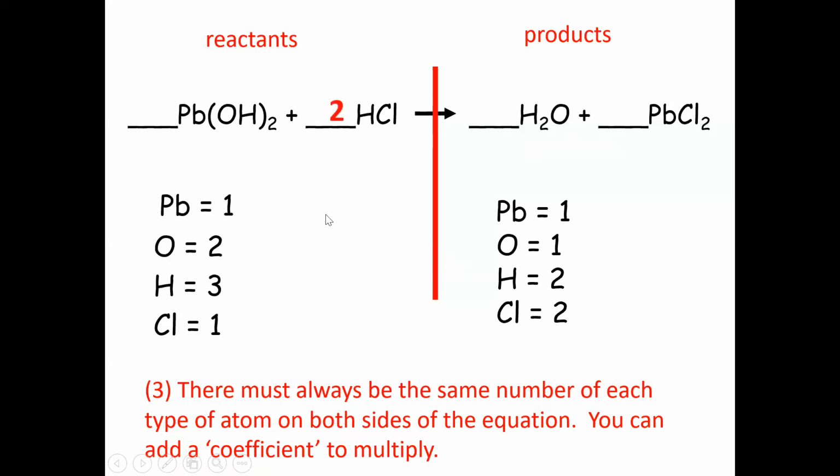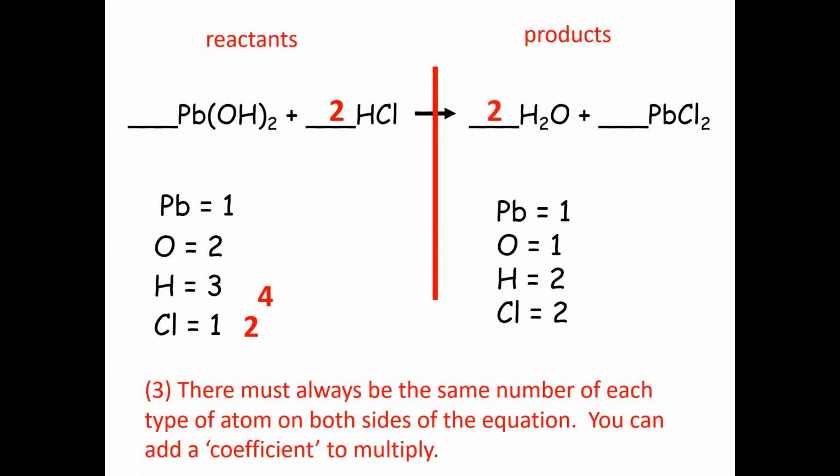So if I put a 2 in front of hydrogen chloride, I'm now going to have 2 chlorines on this side, but I've also changed the number of hydrogens. So I've got 2 chlorines, but because I've got 2 hydrogens now here and 2 here, I've now got 4 hydrogens. So I have 1 lead, 2 oxygens, 1 oxygen, 4 hydrogens, 2 hydrogens, 2 chlorines, 2 chlorines.